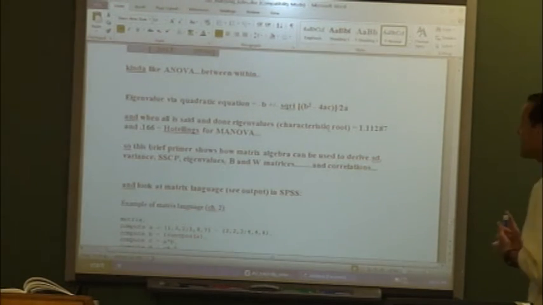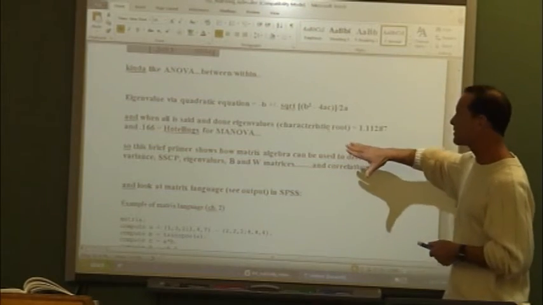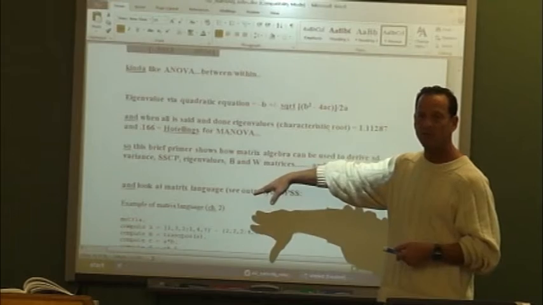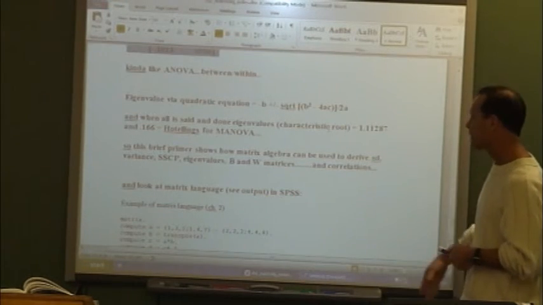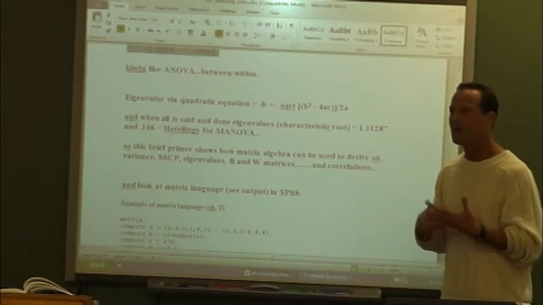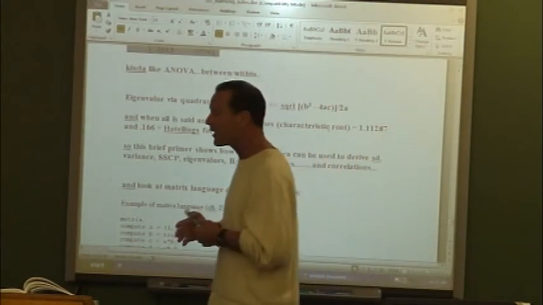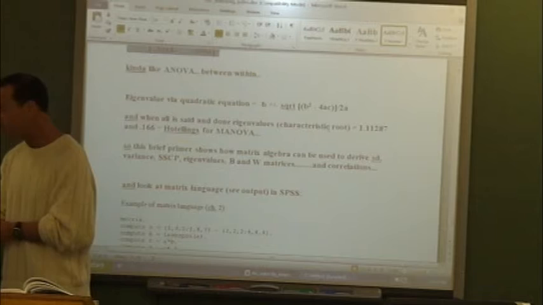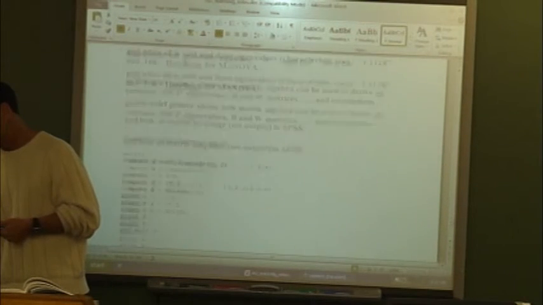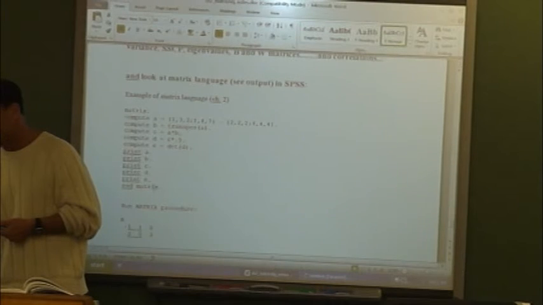With matrix algebra, I get standard deviation, variance, sum of squares, eigenvalues, between and within matrices, correlations. I mean, everything you can get in a very compact language, you can get at with matrix algebra. And I have appended this.